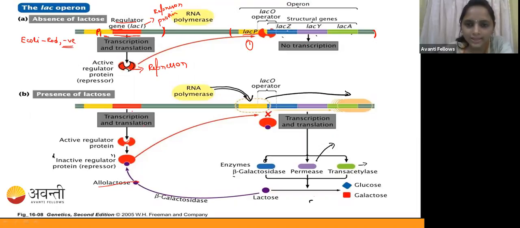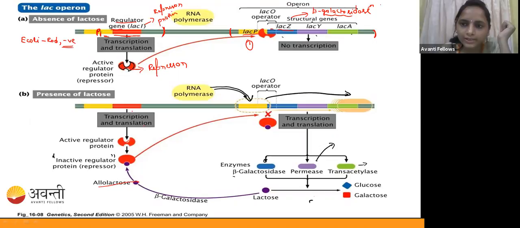So now you can see here in the lac operon, the LAC-Z gene, okay. This LAC-Z gene codes for beta galactosidase. Guys, we know that after the transcription, translation is going to take place. After the translation, it is going to give a beta galactosidase protein.